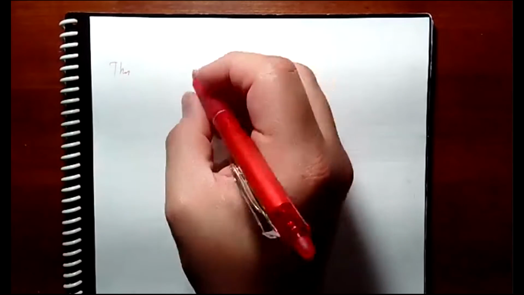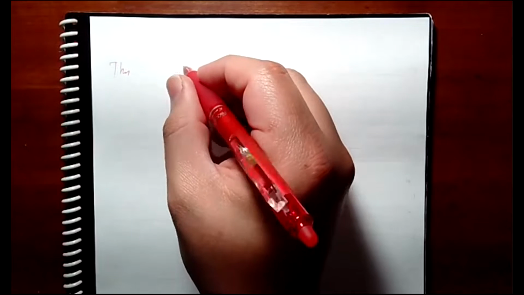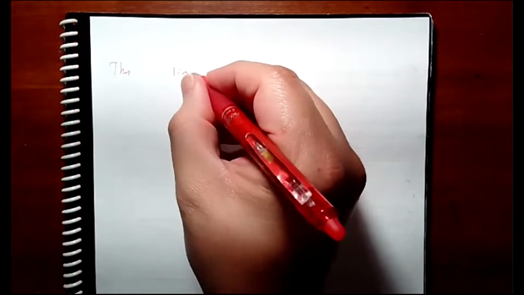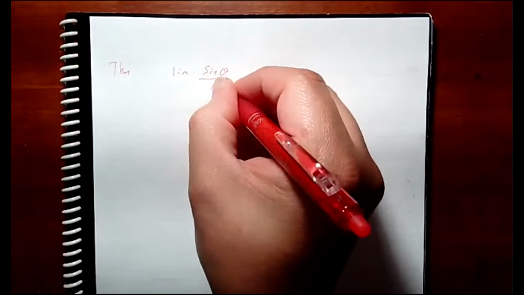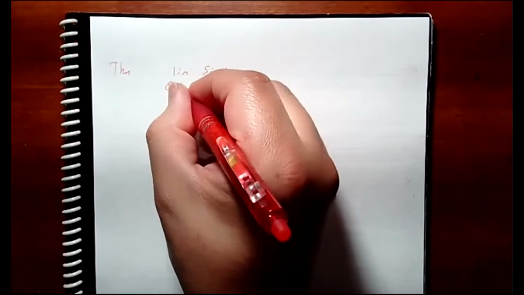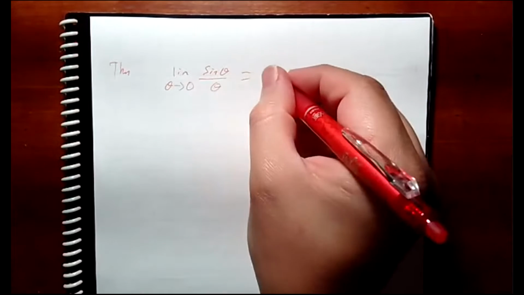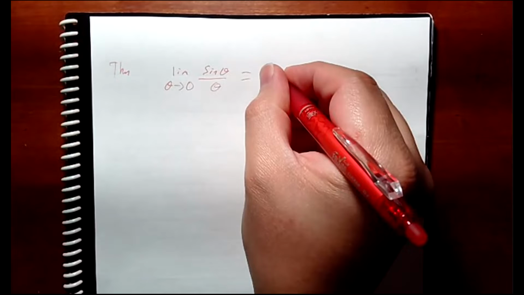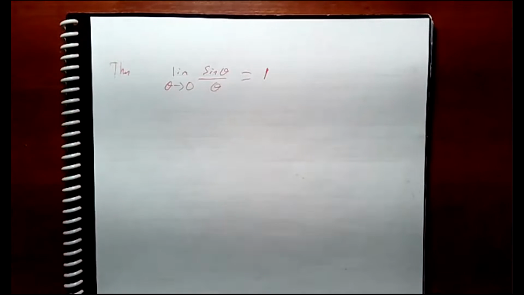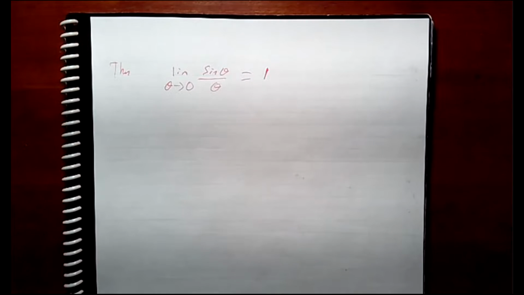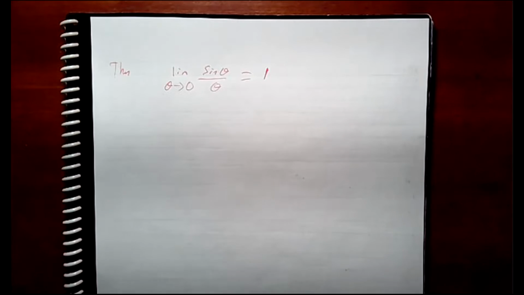This is a theorem. The limit of sine theta over theta as theta approaches 0 will be equal to 1. There's a proof as to why, but it's really long.